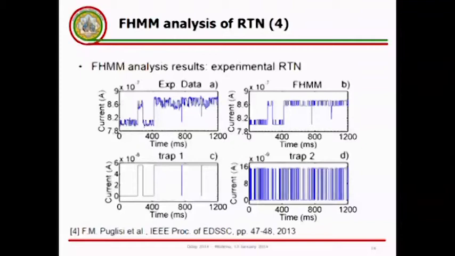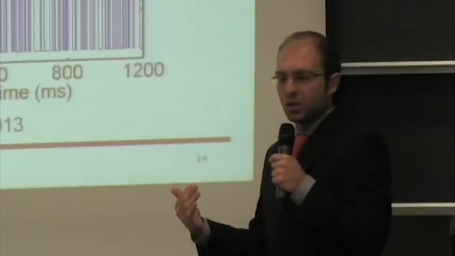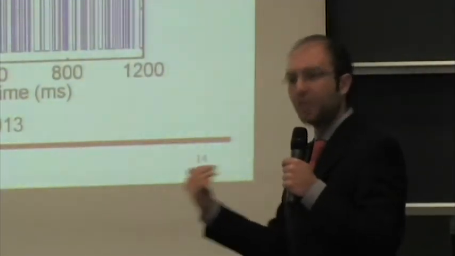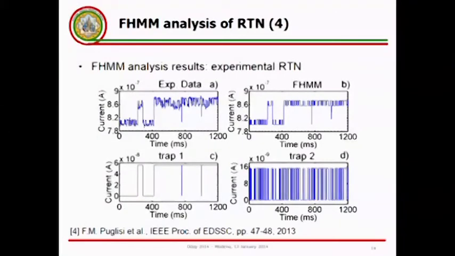So we can easily study and assess the physical properties of each of the traps. And with the actual implementation I used, the number of traps contributing to RTN is automatically spotted. So we can know at a glance how many traps are contributing to RTN and their physical properties, thanks to the knowledge of the amplitude of the fluctuation and the average capture and emission times.